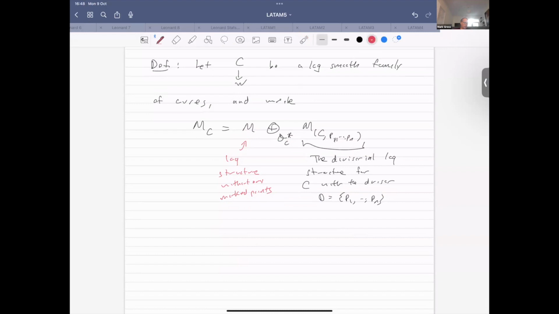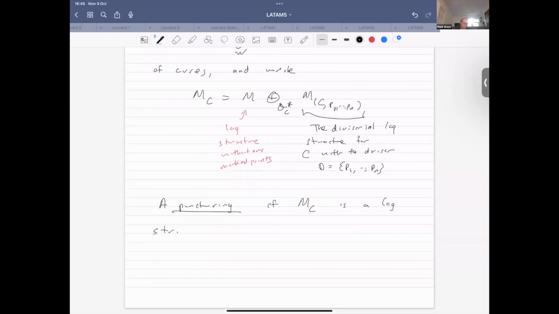M_C. So then puncturing of M_C is a log structure M_C^∘ on C, with M_C^∘ a subsheaf of monoids of M direct sum O_C^*.